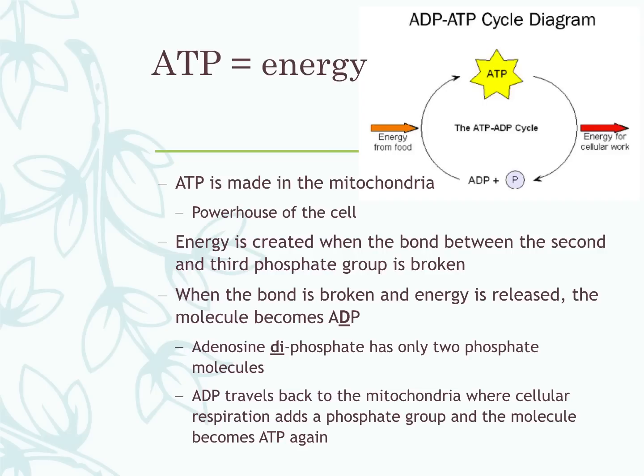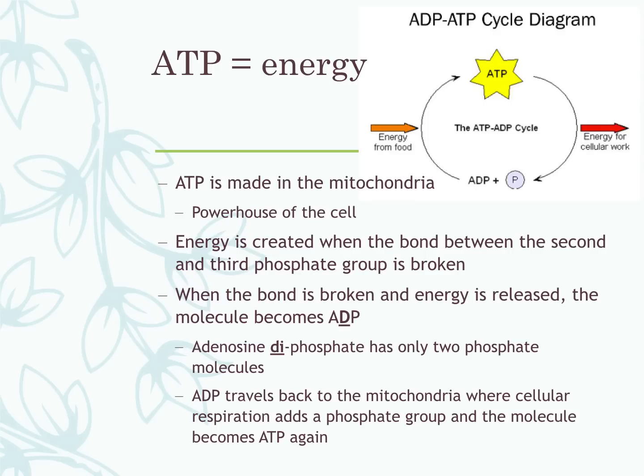When the bond is broken and the energy is released, the molecule becomes ADP. The ADP travels back to the mitochondria, and cellular respiration adds the phosphate group back and turns it back into an ATP molecule. You can see from that picture in the top right-hand corner, that is the ADP-ATP cycle. So at the top we start with ATP, that would have the 3 phosphate groups.